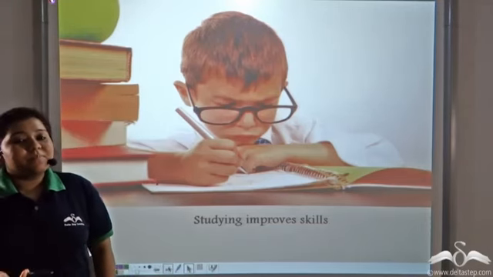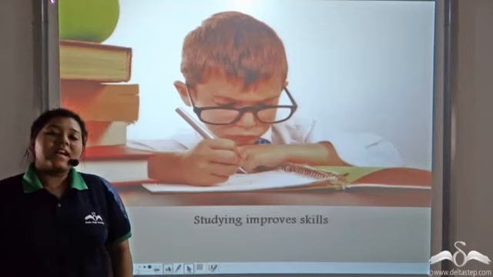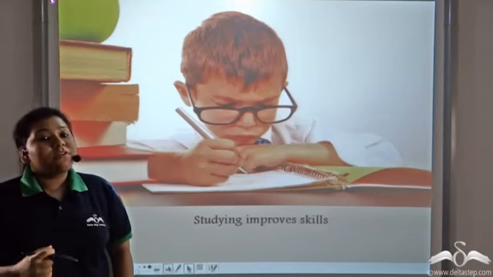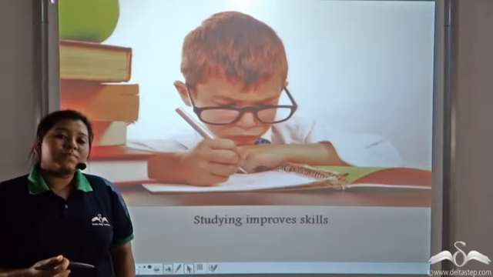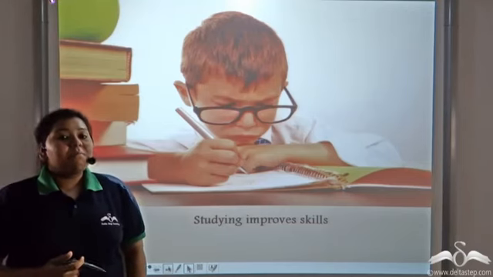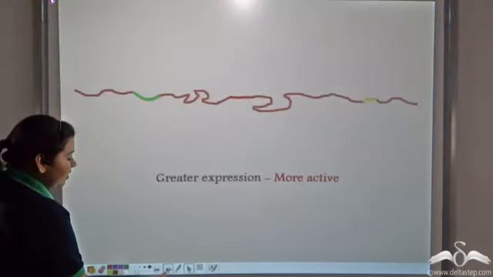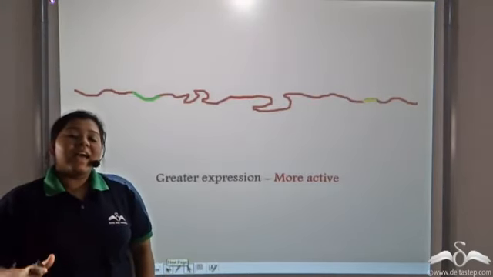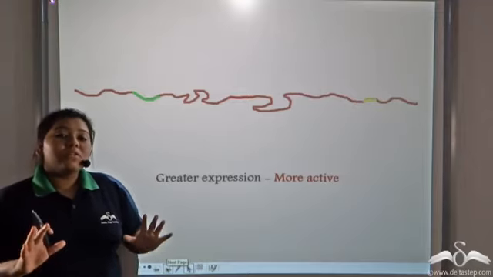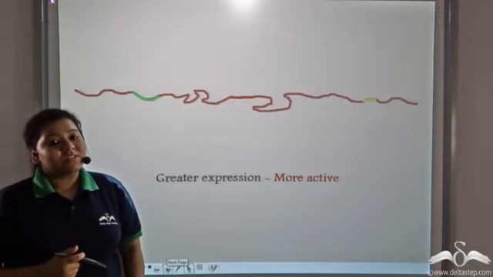Now, it might be possible that a person completely lacks the gene for analytical reasoning. For him, solving a maths problem will become literally impossible. But it is also possible that a person has the gene for logical reasoning, but it is not expressed as much.